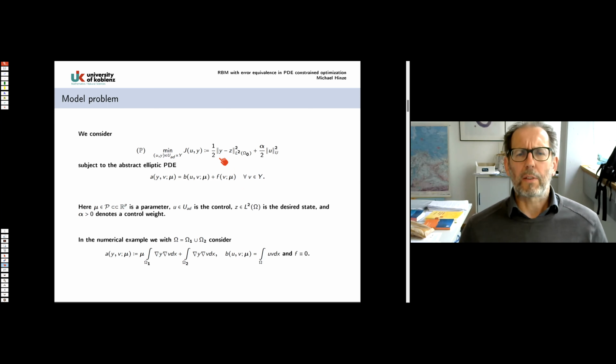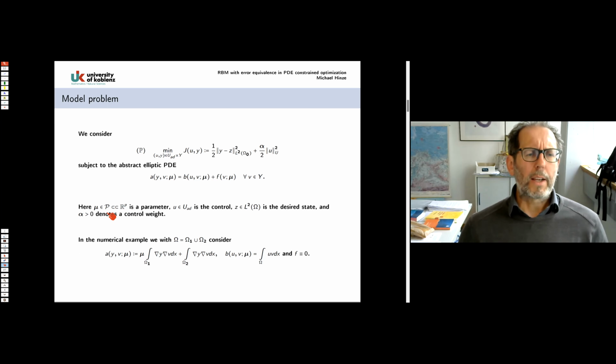And desire means that the system comes as close as possible in this measure here to the desired state Z. This parameter alpha is greater than 0 in general and accounts for the cost of the control U, which enters here as a regularization term in the sense of Tikhonov.